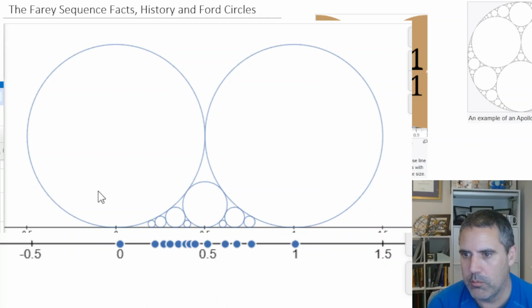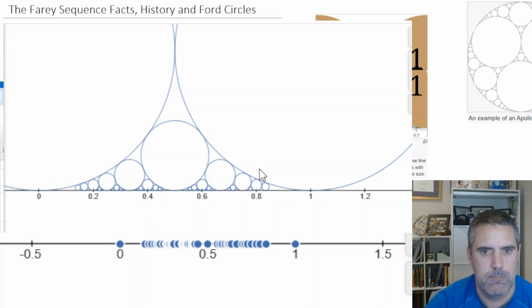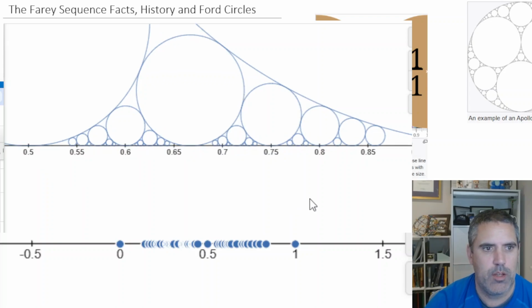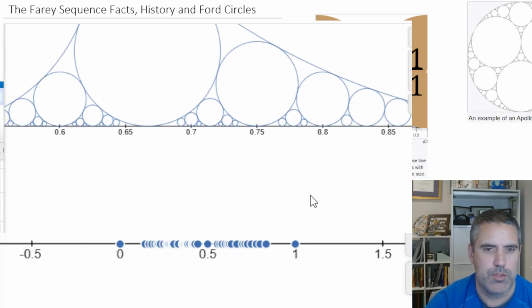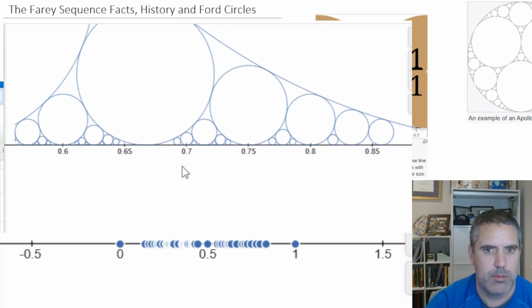So I'm going to plot more and more and more circles. And right below them, you're going to see me also plot the Farey sequence. And it's this fractal pattern that goes on forever. So if we just let it keep going, we can zoom in here and see that it just keeps going. They're tangent forever. It will just keep drawing. Now, my computer's going to slow down because it has trouble keeping up. But it's going to keep drawing these.